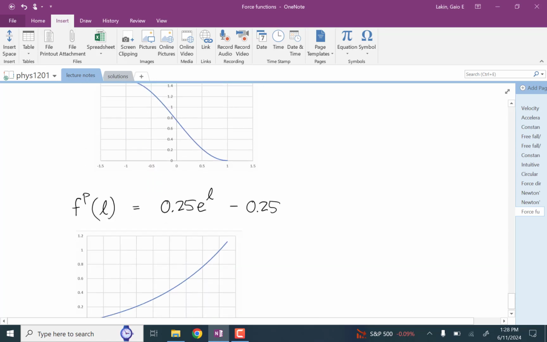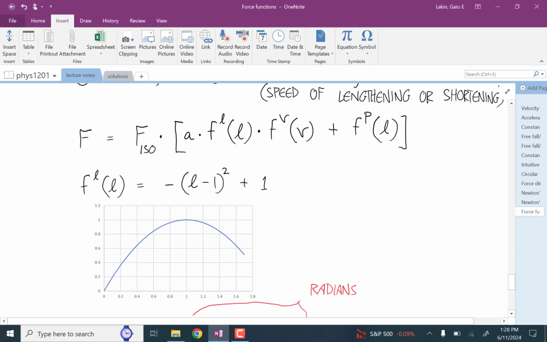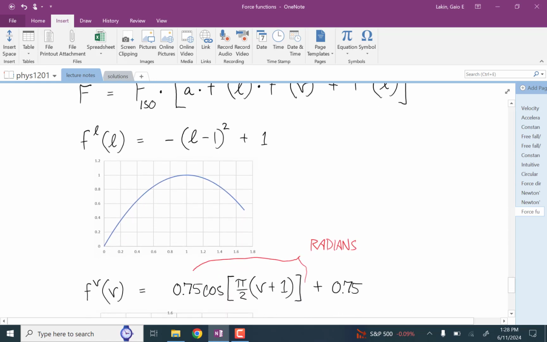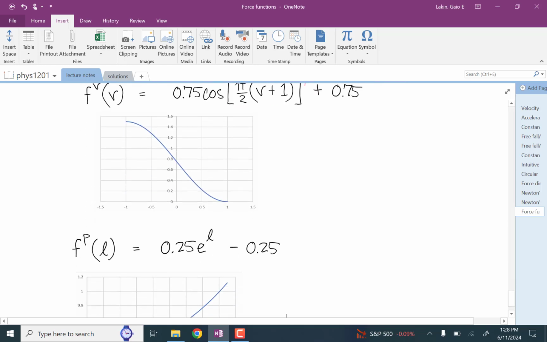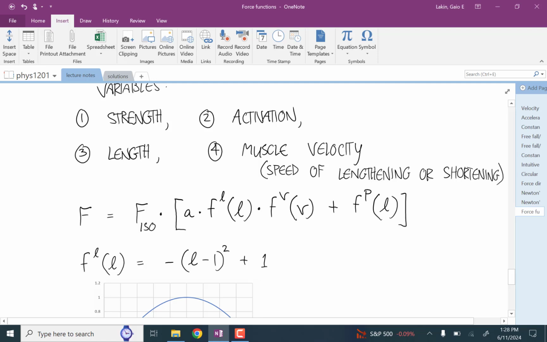What you have to do in that case is it's going to tell you a muscle length value, a muscle velocity value, an activation value, and it's going to tell you this isometric force, this muscle strength. You're going to plug those into these three functions and then multiply all these things out, and it's going to tell you the force that the muscle generates.